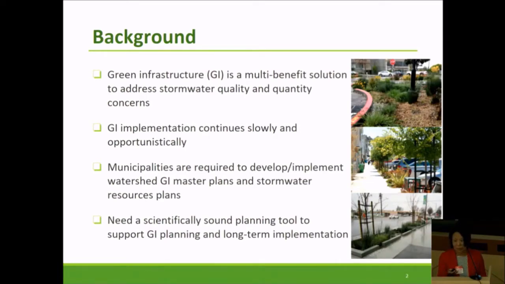And also, the state agency requires municipalities to develop a stormwater resource plan in order to qualify for the Proposition 1 funding for stormwater projects. So therefore, there is really a need to have a scientifically sound tool to help you with long-term planning, to identify the project sites for your planning and management of green infrastructure.